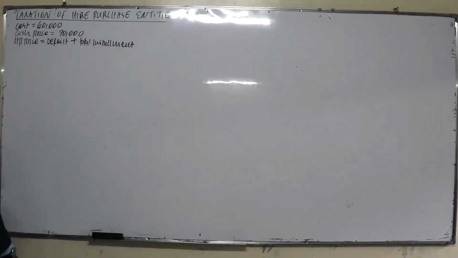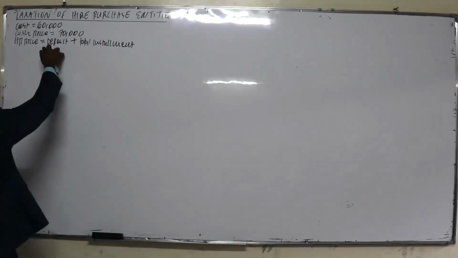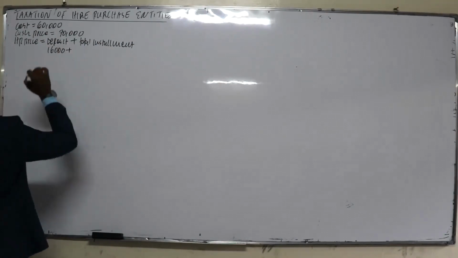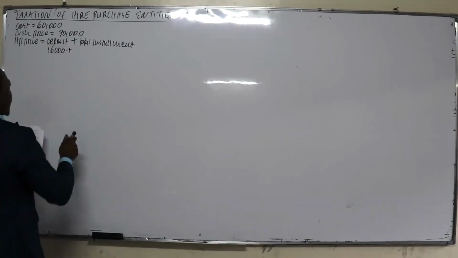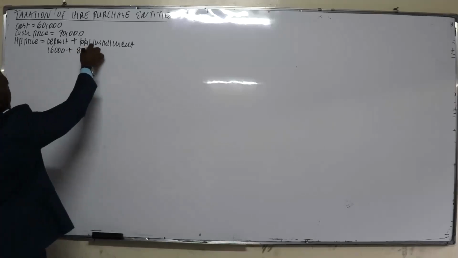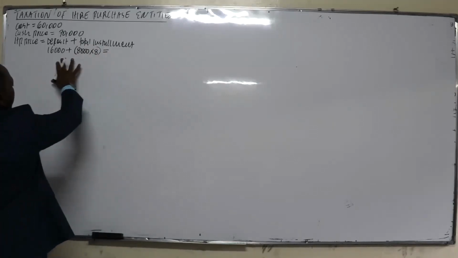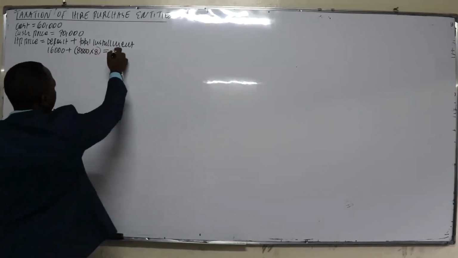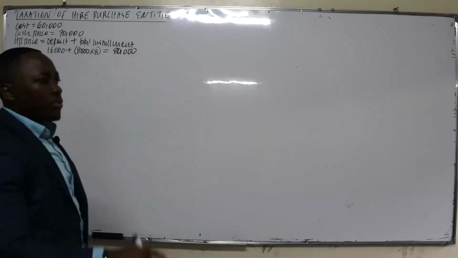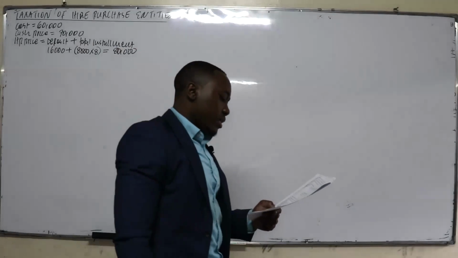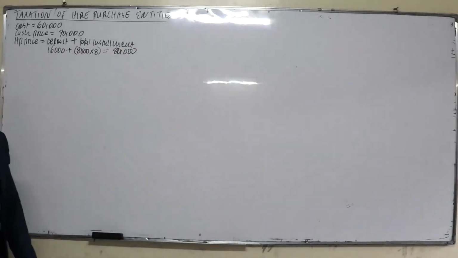We are told the deposit is 16,000 and 8 equal quarterly installments of 8,000. 8 installments of 8,000 is 64,000, you add 16,000. That one is 80,000, right? Good. So that means the hire purchase price for one photocopier machine will be 80,000. So how much is the interest income?